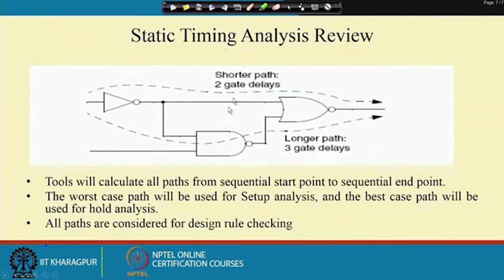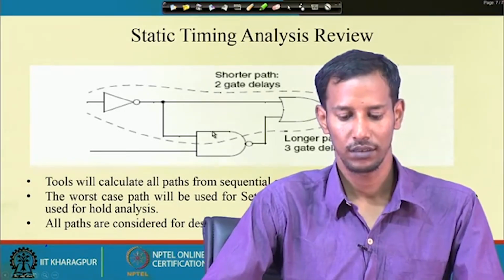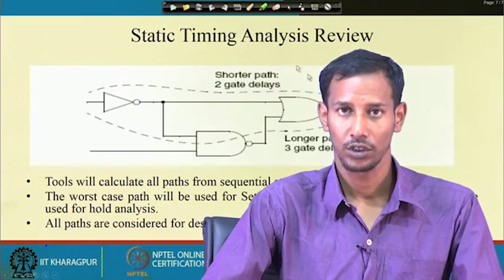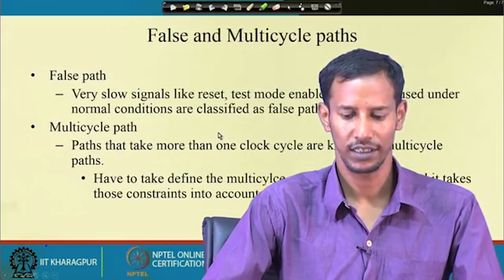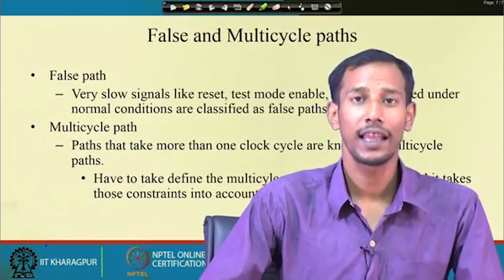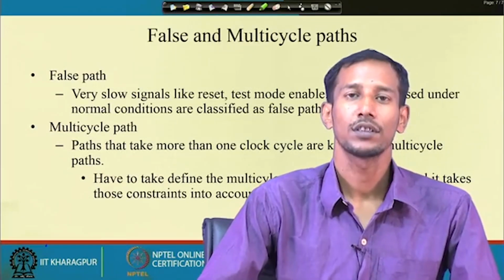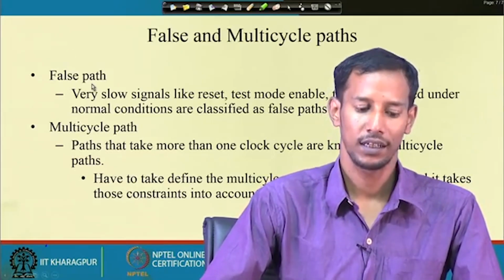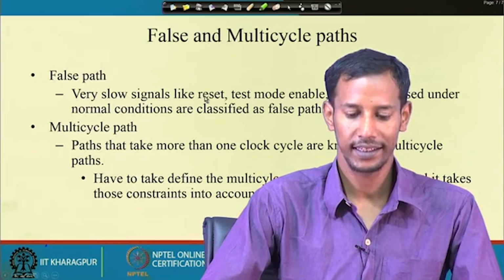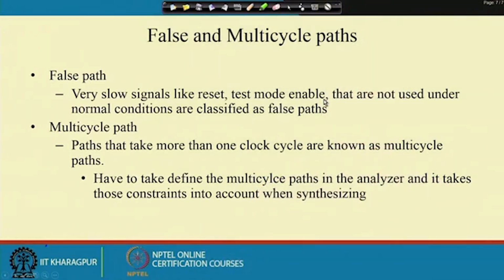Then another thing is static timing analysis. Here you see one particular circuit; we will consider that later. Then two more things are false path and multi-cycle path. A false path is a very slow signal, like reset or test module enable, that is not used under normal conditions.